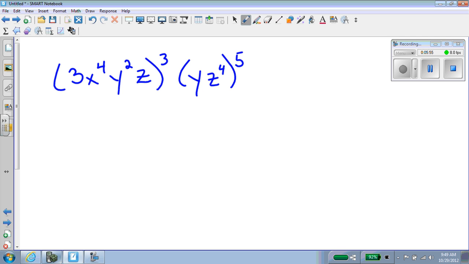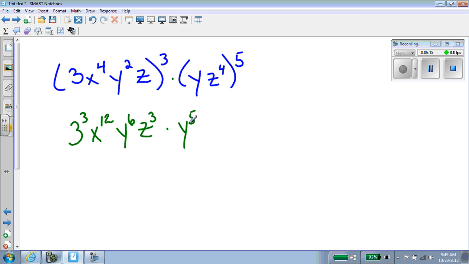Okay, so now we're getting a little more involved. So I have exponents first before the multiplication, right? So I have 3 factors of 3. I have 3 factors of x to the 4th. I have 3 factors of y squared. And I have 3 factors of z. I have 5 factors of y.